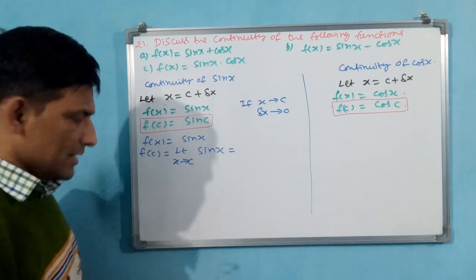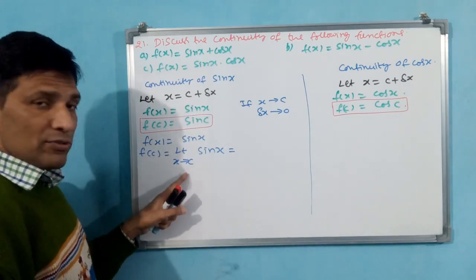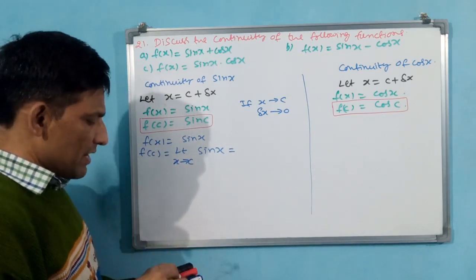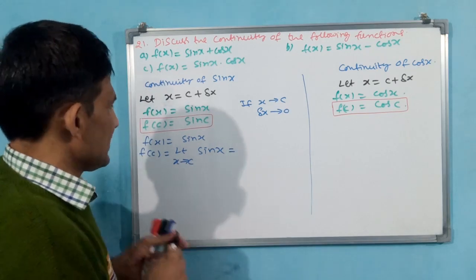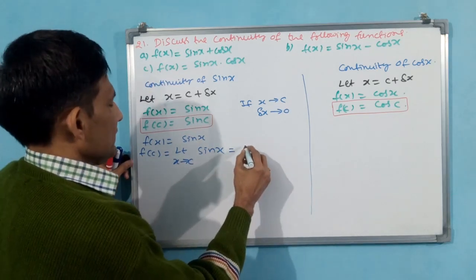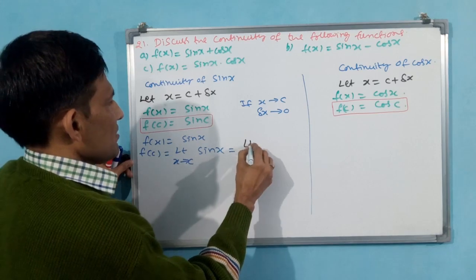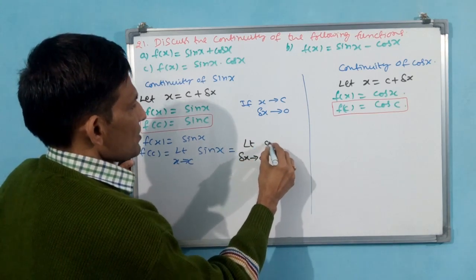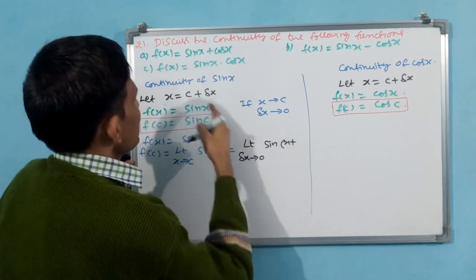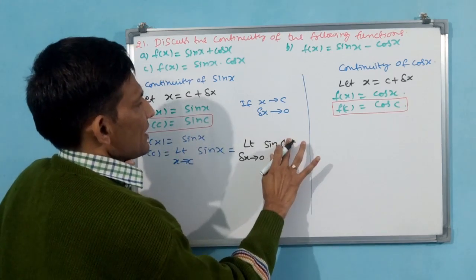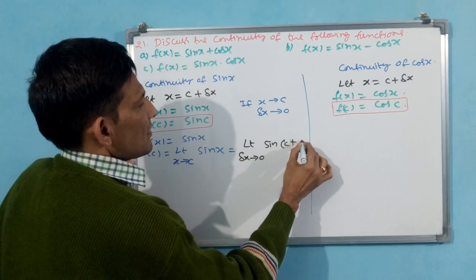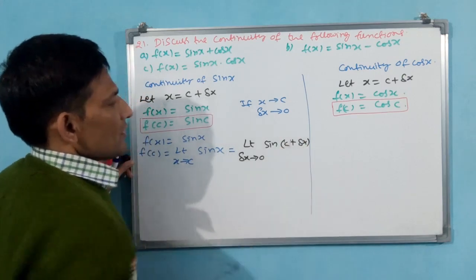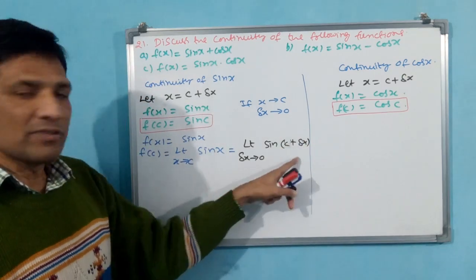Now you write here. This limit x tends to c sin x is equal to, what will happen here? Limit delta x tends to 0, sin of c plus delta x. Have you understood why I have written?